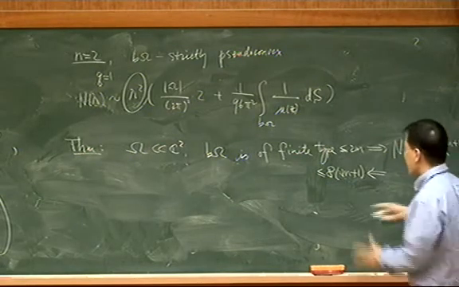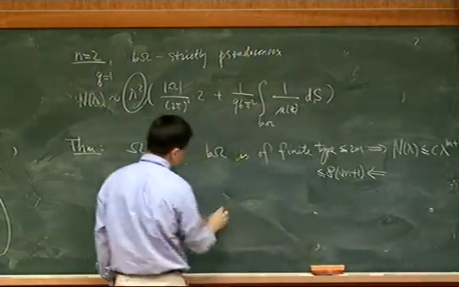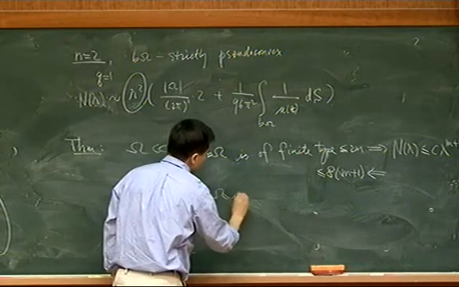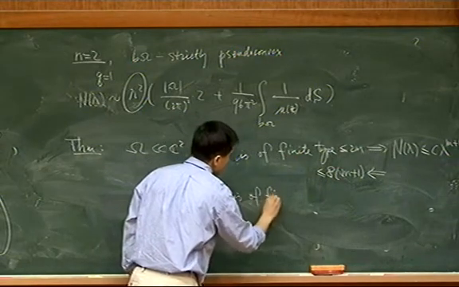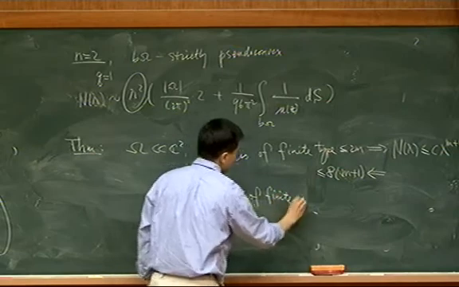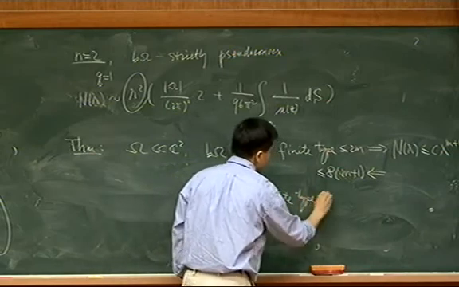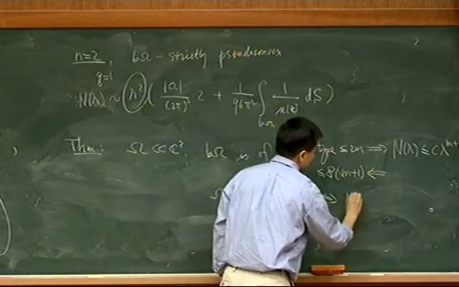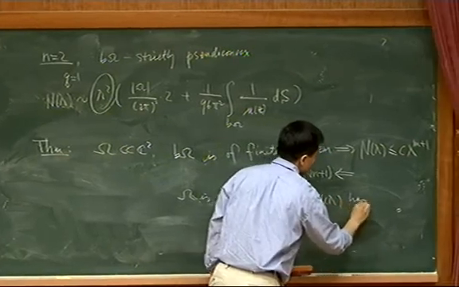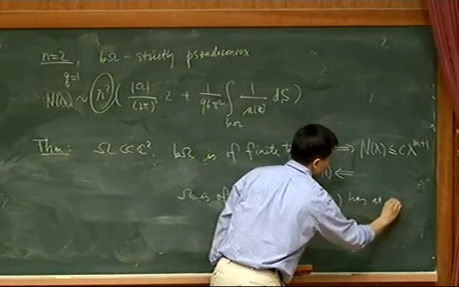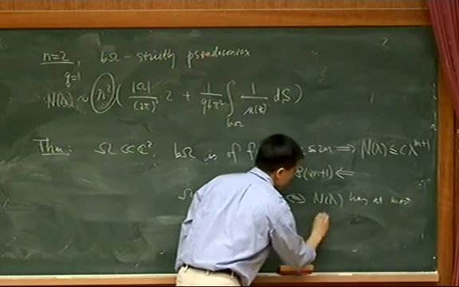So therefore what we have here is that omega is of finite type if and only if this N lambda has at most polynomial growth.